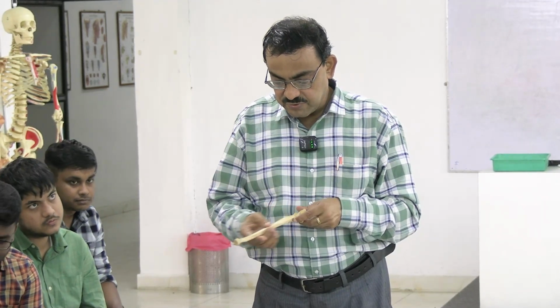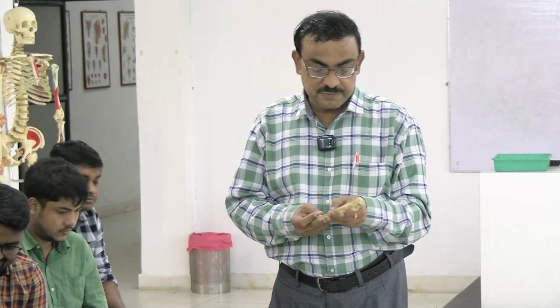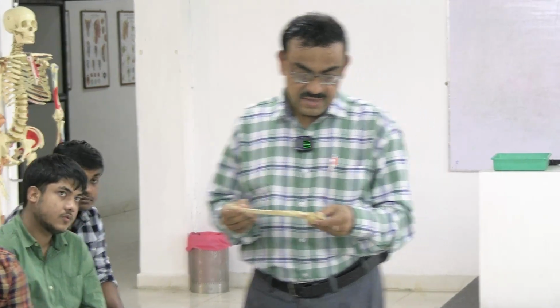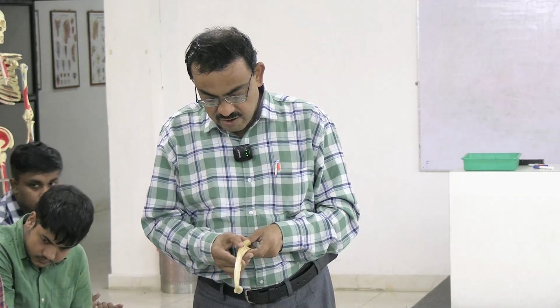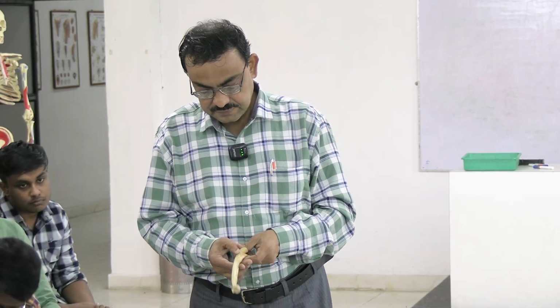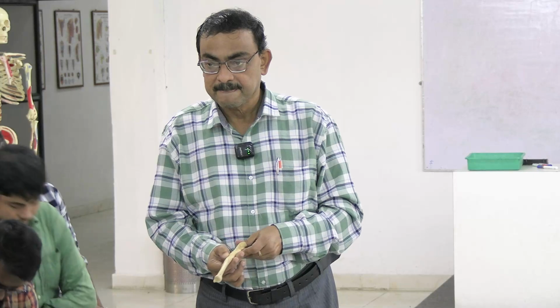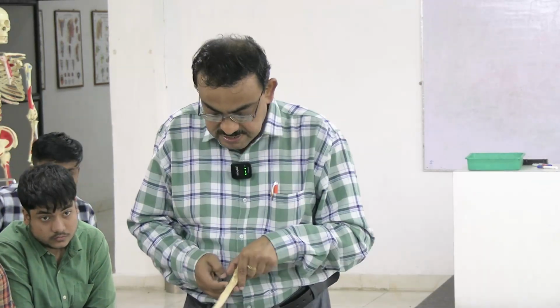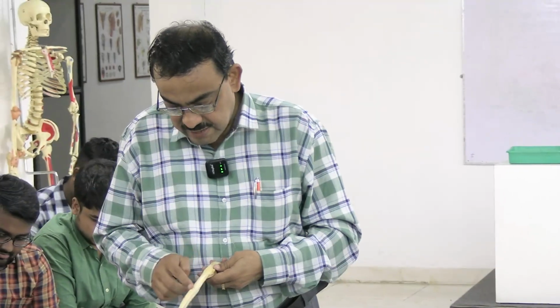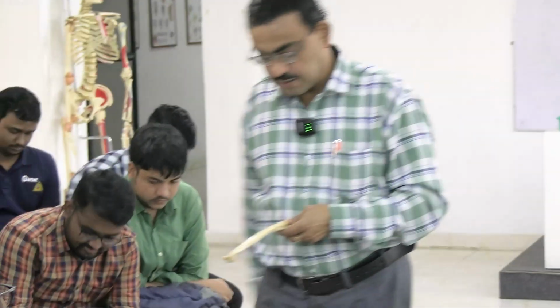Now we can come to the posterior surface. In the posterior surface we can find one oval area above. This posterior surface is bounded by the posterior border and the interosseous border.